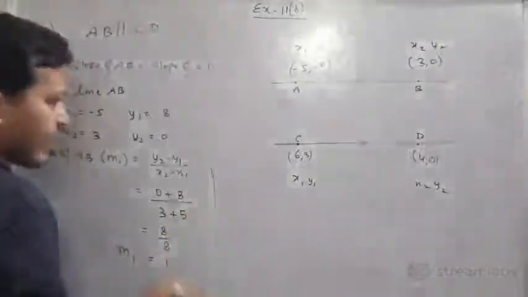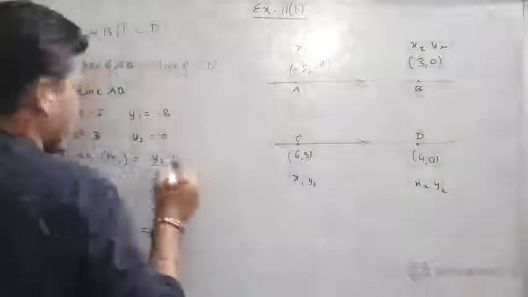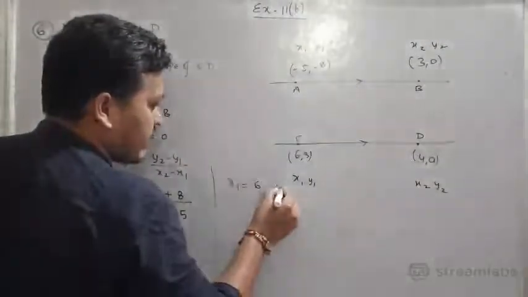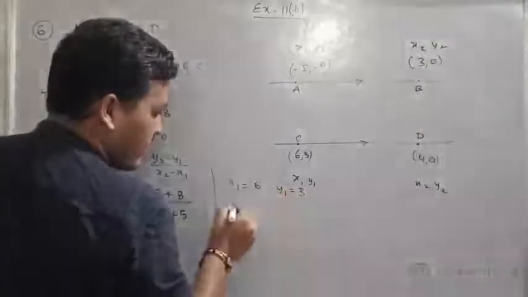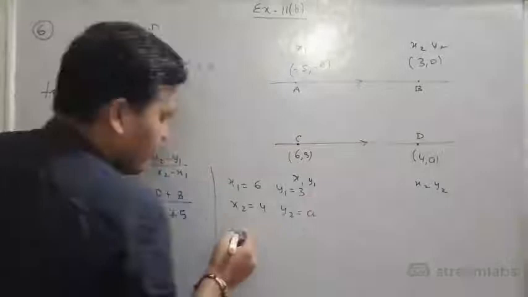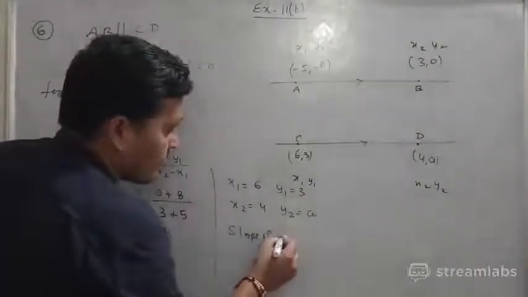Now similarly, can you calculate the slope of the other line CD? For CD, first write the coordinates. x1 is equal to 6 and y1 is equal to 3, x2 is equal to 4 and y2 is equal to a. So tell me what is the slope of CD.